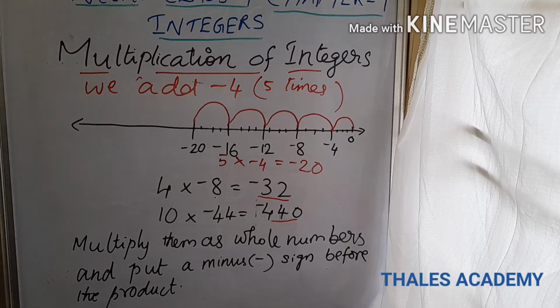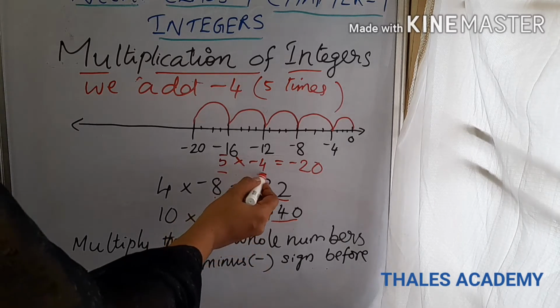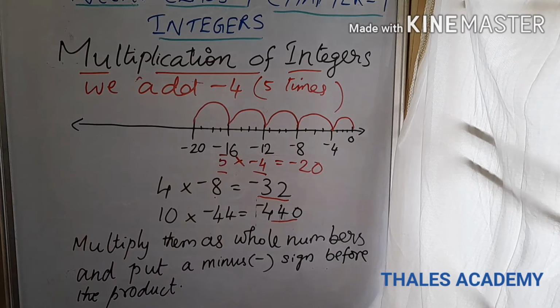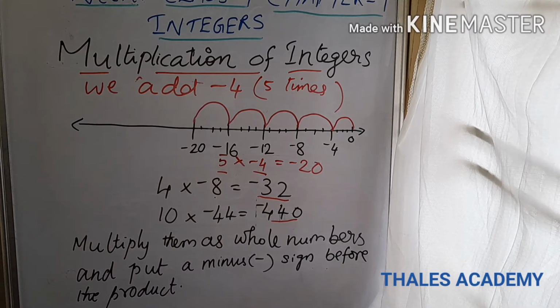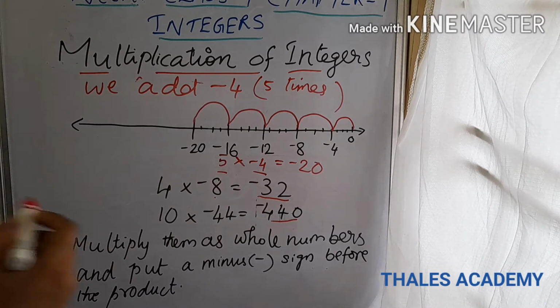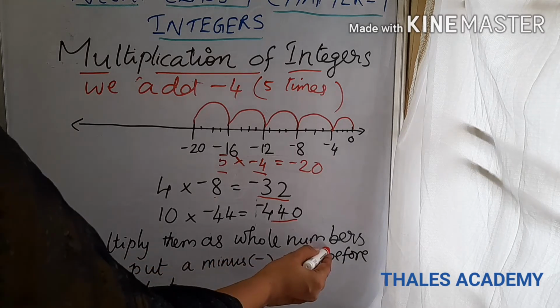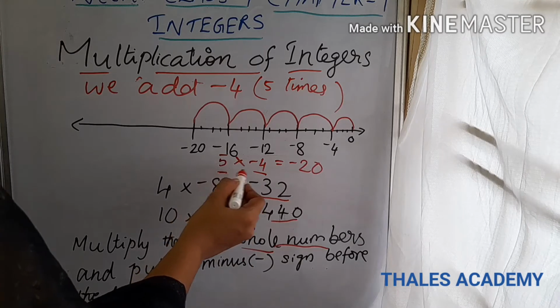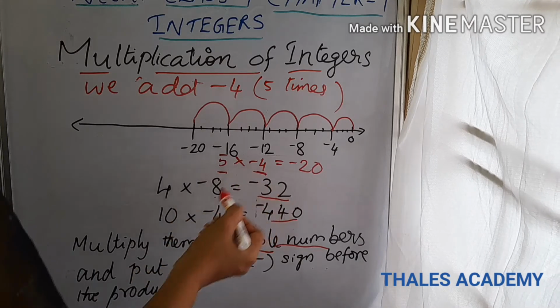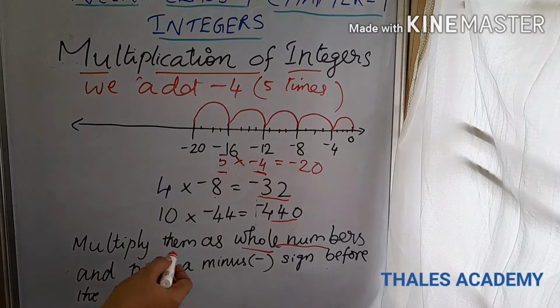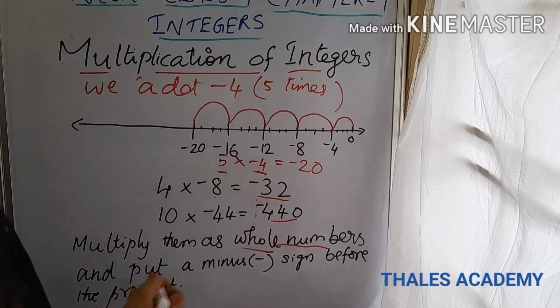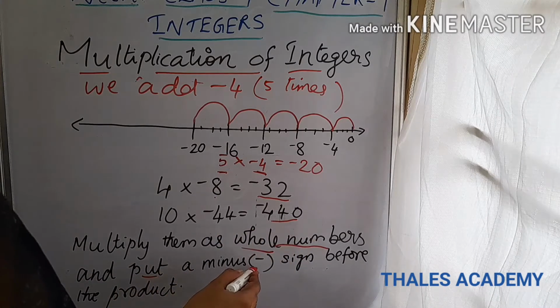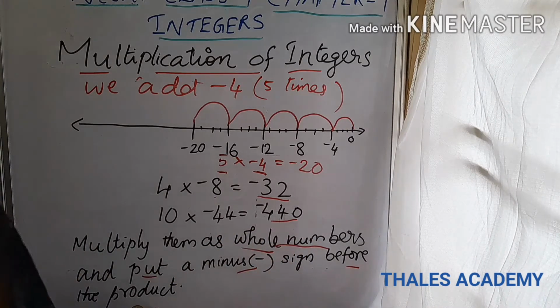We thus find that while multiplying a positive integer and a negative integer, we multiply them as whole numbers and put a minus sign before the product.